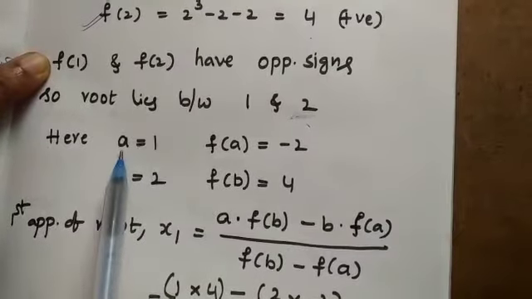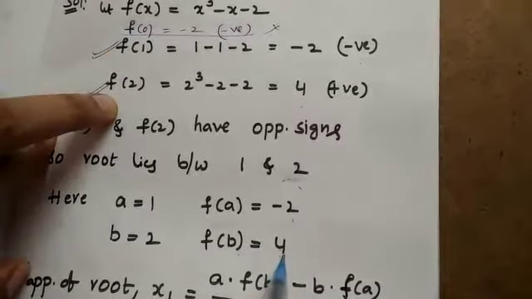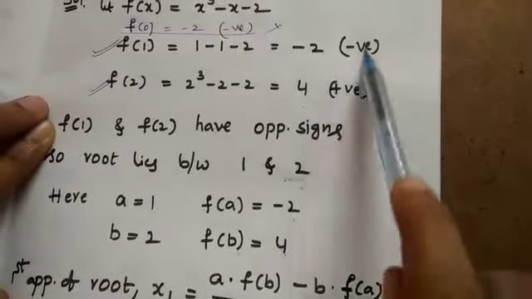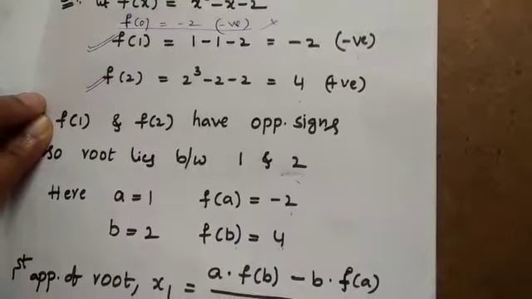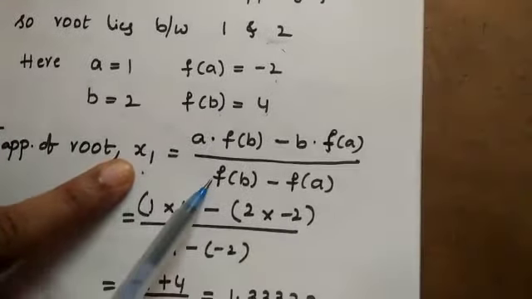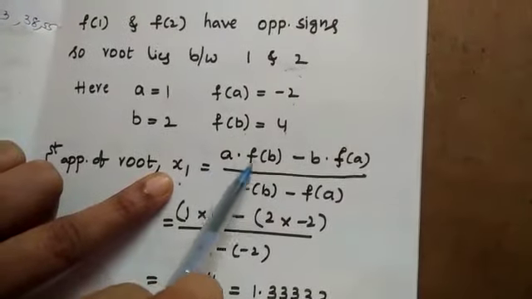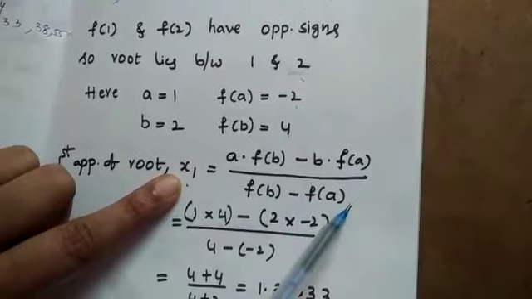So at a, that means at 1, f(1) is -2, and f(b), that is f(2), is 4. Note down those values also. Besides deciding opposite signs, these are going to be involved in calculating the approximate root. So the first approximation of the root formula in the regula falsi method is (a f(b) - b f(a)) / (f(b) - f(a)).